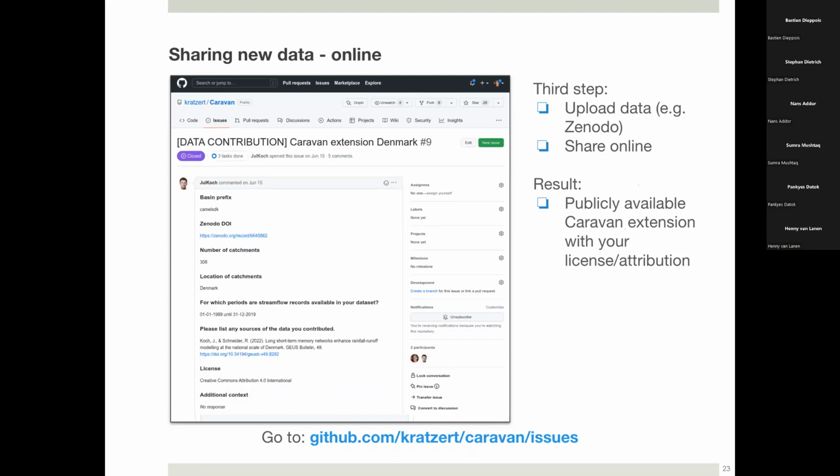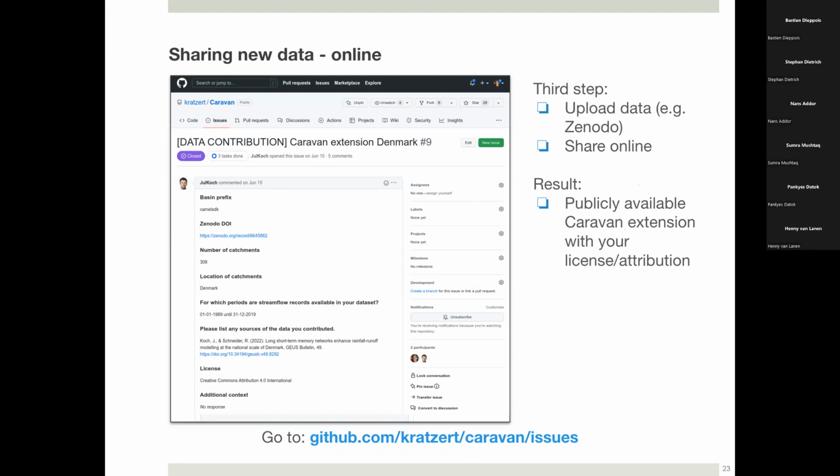So to wrap up, let me just give you an example. This is an extension of Caravan for Denmark. Julian Koch used the online Caravan platform to extract time series and attributes for 308 catchments in Denmark, chose a Creative Commons Attribution 4.0 International license, and uploaded the data onto Zenodo.